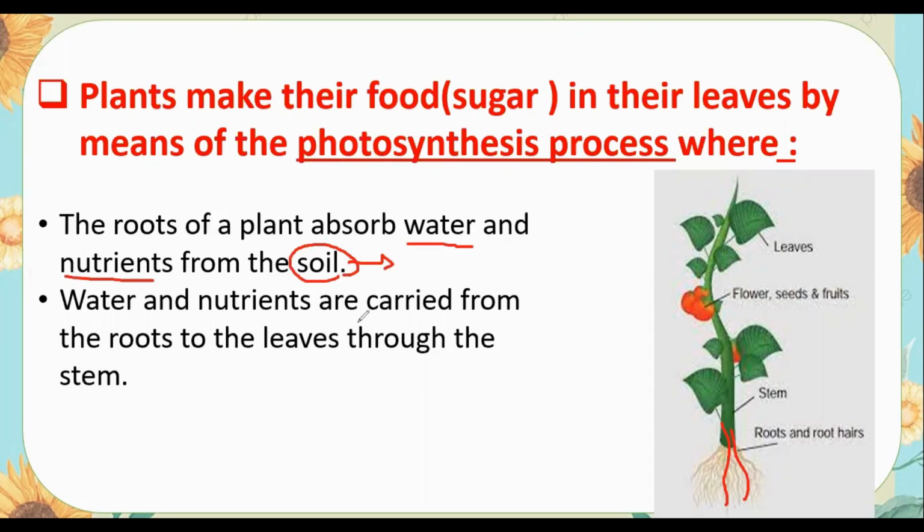Water and nutrients are carried from the roots to the leaves through the stem. The stem is the transporting part that helps the plant take the water and nutrients from down to up. Why? Because the plant's leaves are the part that shows there is a photosynthesis process, because the leaves take in carbon dioxide and also sunlight.